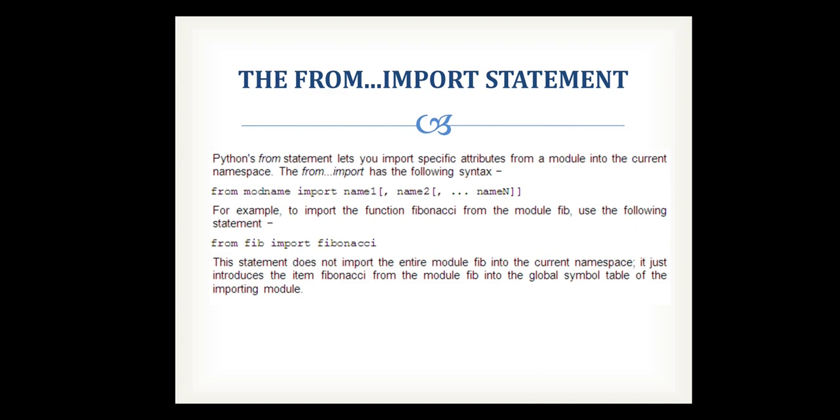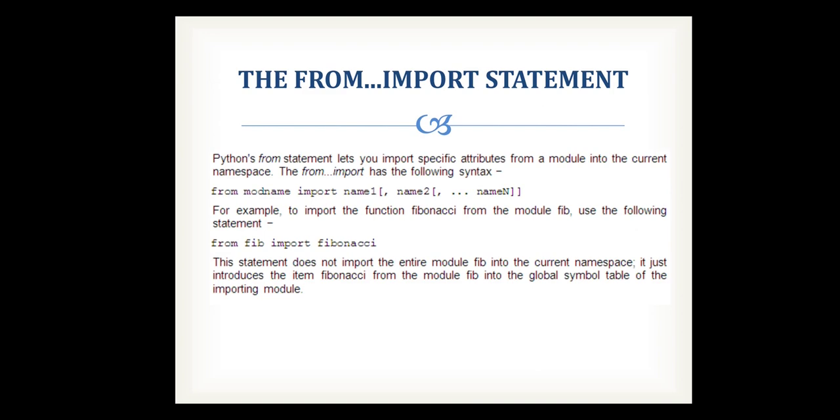The from import statement. The Python from import statement lets us import specific attributes from a module into the current namespace. The from import has the following syntax, that is from module name import name1, name2, name3. For example, to import the function Fibonacci from the module fib, use the following statement, that is from fib import Fibonacci.